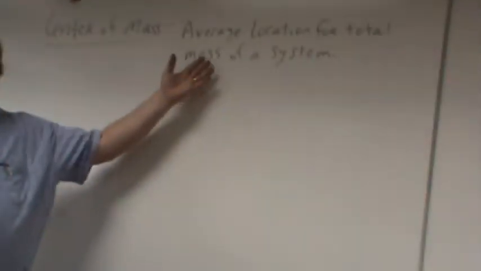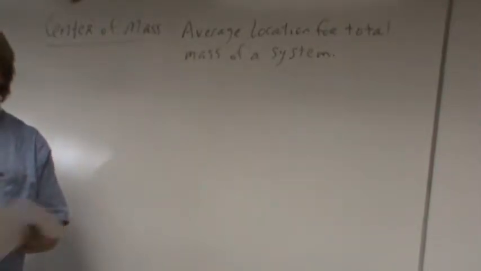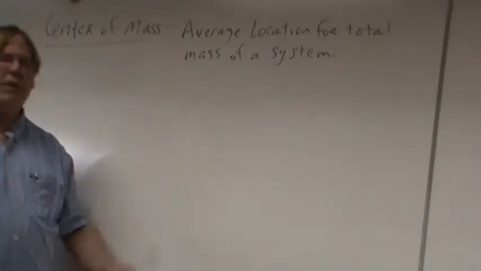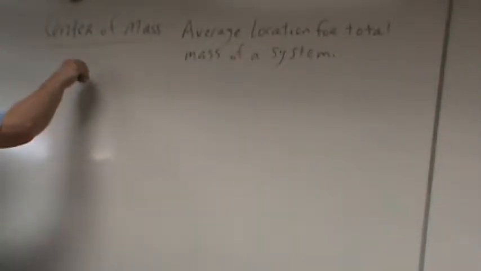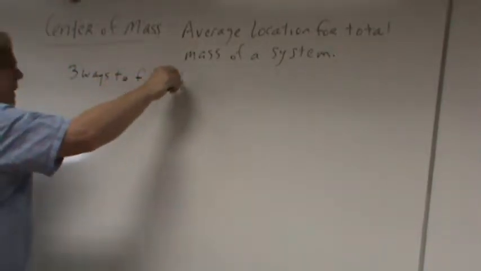Now, if you're a normal person, this shouldn't really make a lot of sense to you. But as we talk about the 3 ways to physically find center of mass, then you'll start seeing more and more what this means. So let's go ahead and do the 3 ways to find center of mass.